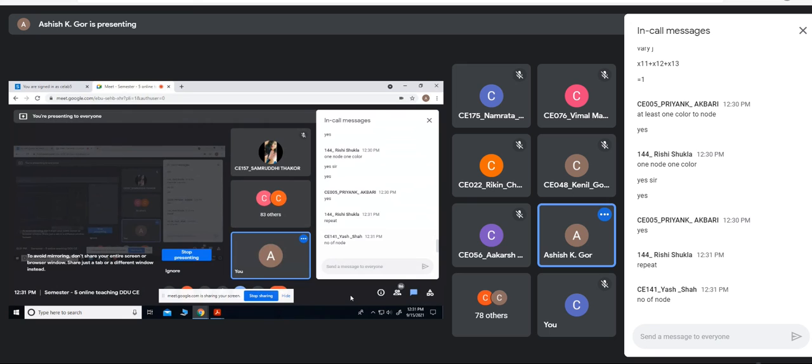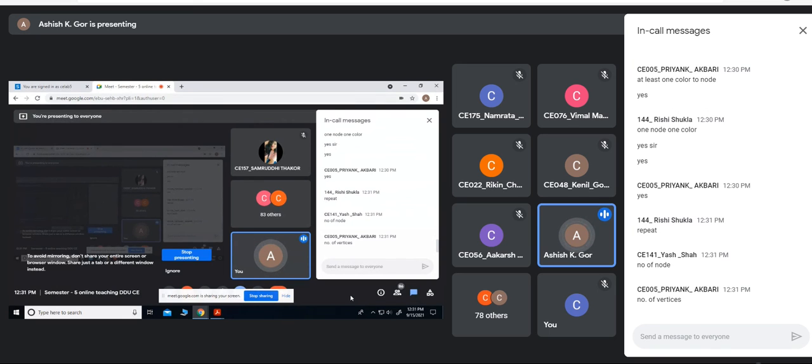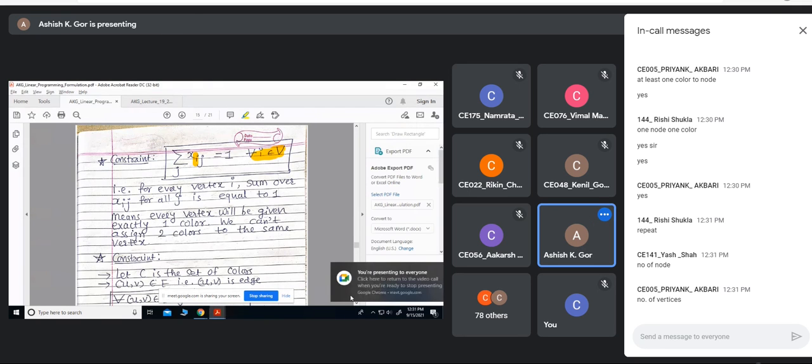Very correct. As there are n nodes, that many constraints will be there, one for each vertex. So if you have n vertices in a graph, there are n such constraints of type x11 plus x12 plus x13 is equal to 1. Same way x21 plus x22 plus x23 is equal to 1. Same way you have to repeat for every vertex, that is for every i.